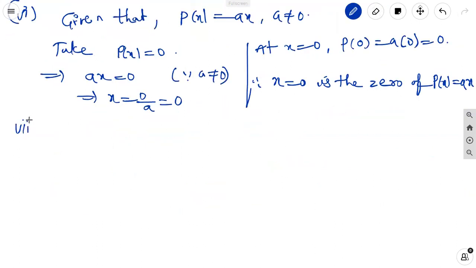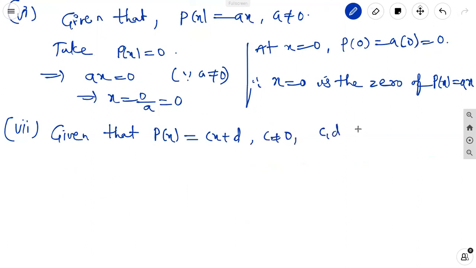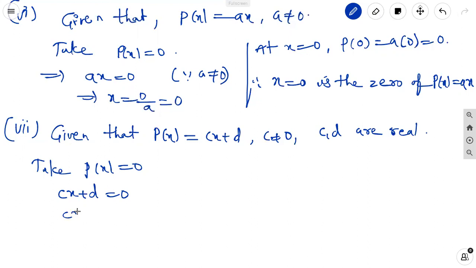Seventh one, given that p of x equal to cx plus d, here c is not equal to 0, c and d are real values. Take p of x equal to 0. From this, cx plus d equal to 0. d is a constant, taking it to the right side, it becomes minus d. x equal to minus d by c, since c is not equal to 0.